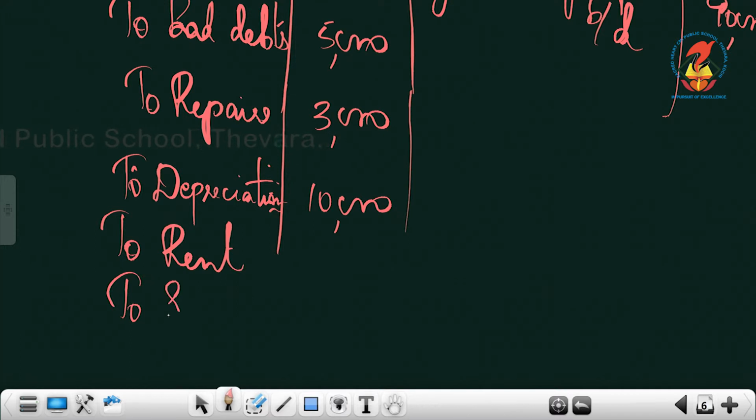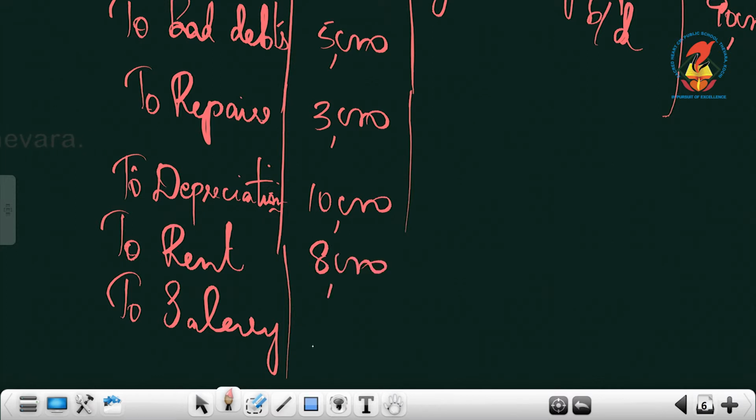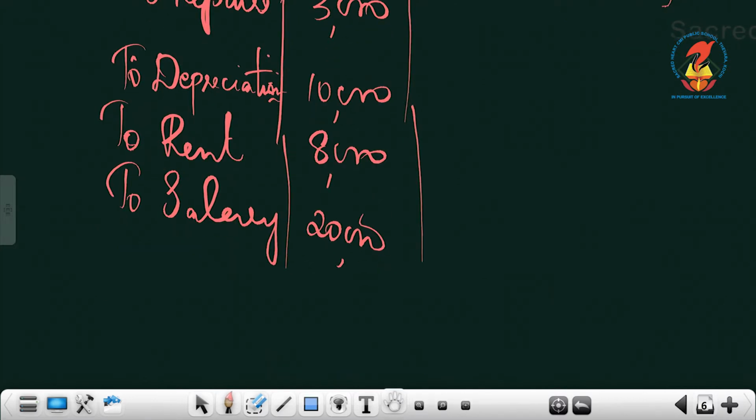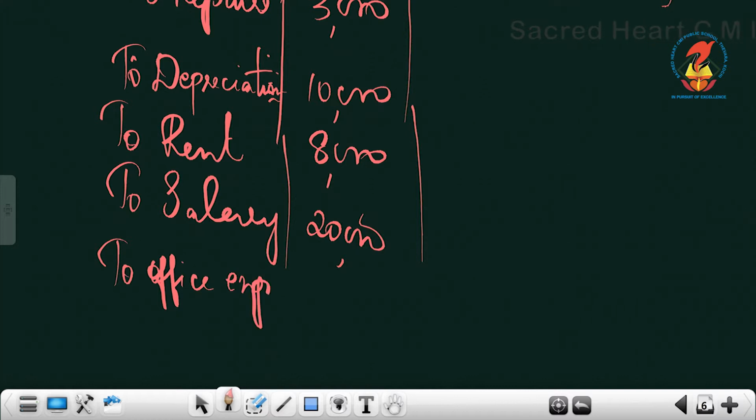Then salary. 8,000, 20,000. Drawings, don't take here. It's in the balance sheet. You have to deduct it from capital. Purchases we already recorded in trading. Then office expenses 25,000.